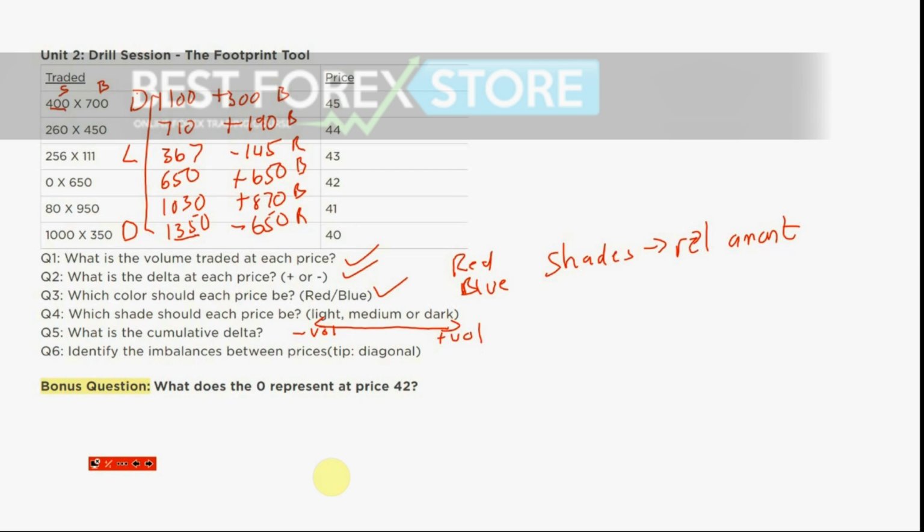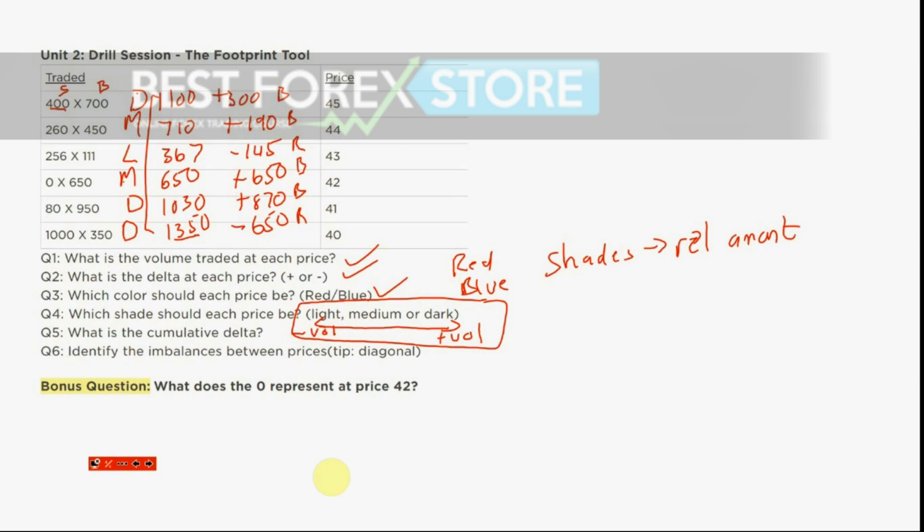In between, we have a medium shade with 650 and 710, and 1,030 we could pretty much interpret as a dark shade as well. So that's how you would see the shades. It's based on the total volume. The higher the amount of volume traded at a price, the darker the shade, and likewise the lighter shade will be allocated to the lower relative volume.